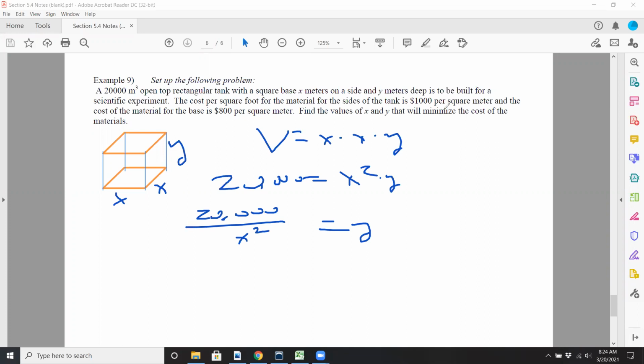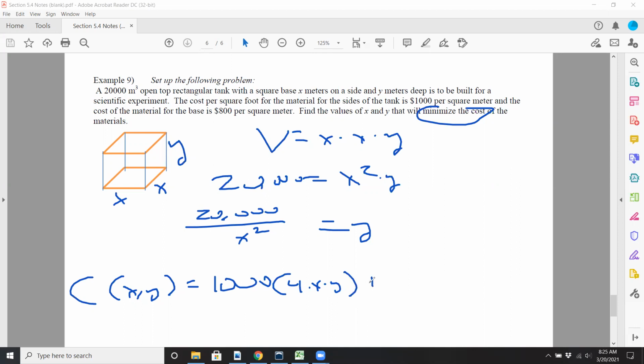Now, you want to reduce the cost. Your cost function in terms of x and y: you're charging $1,000 per square meter for the sides. The sides are x times y, and you have 4 of those sides. For the base, it's $800, and the base is just x times x.